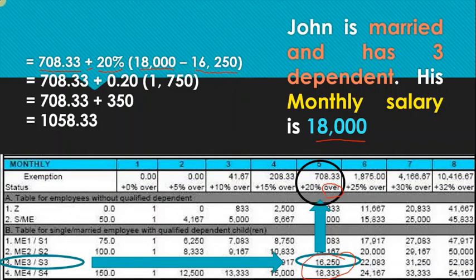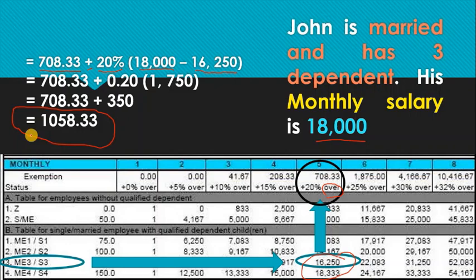Therefore, after that long computation, my tax contribution is 1,058.83, and it should be deducted from my salary, which is 18,000.